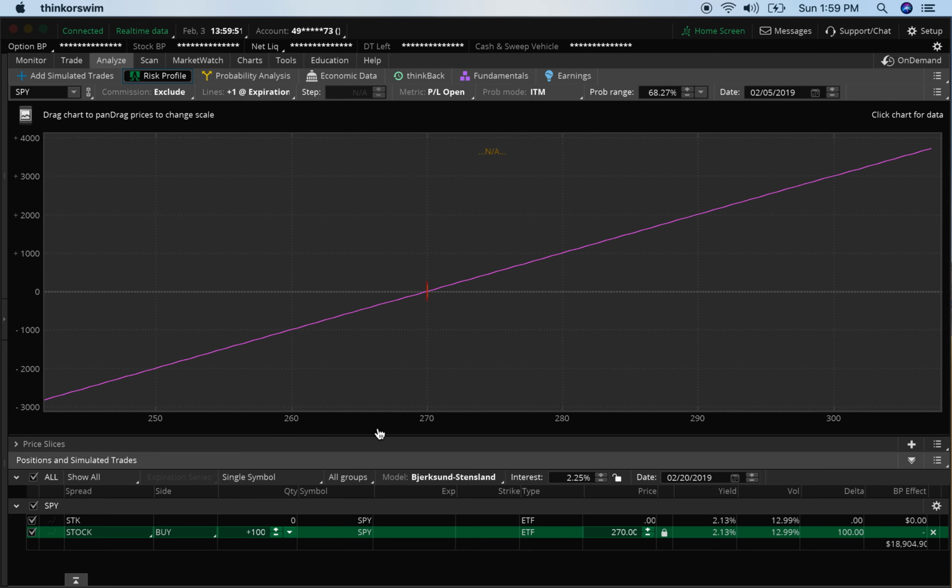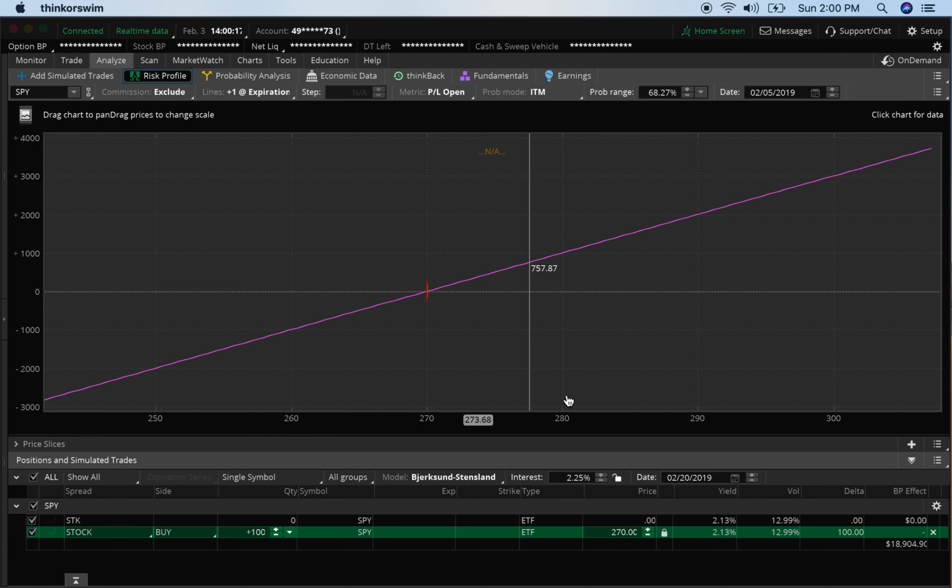So there's a point on the line, right? When the stock's at 260, what's the point on the pink line? That represents your profit or loss, right? Negative 1,000. So when it's at 260, right here, this point, negative 1,000, shown right here, right? 260, negative 1,000.